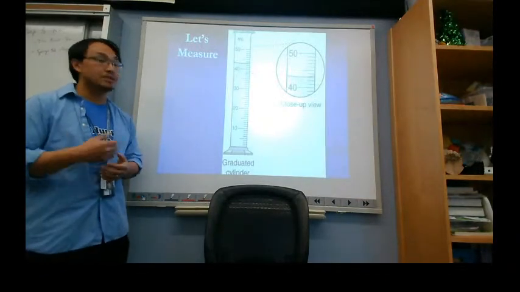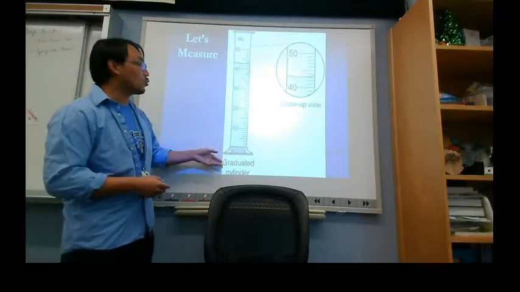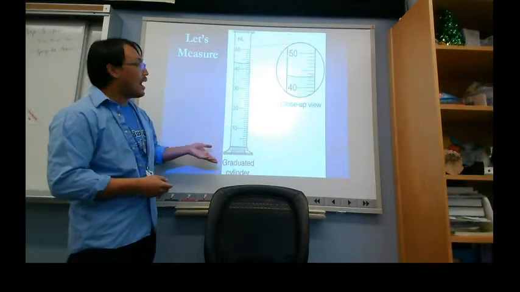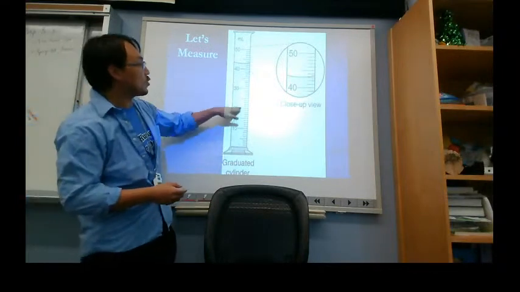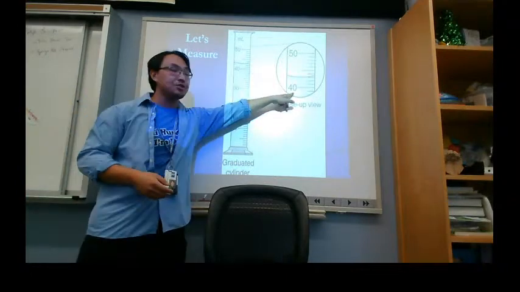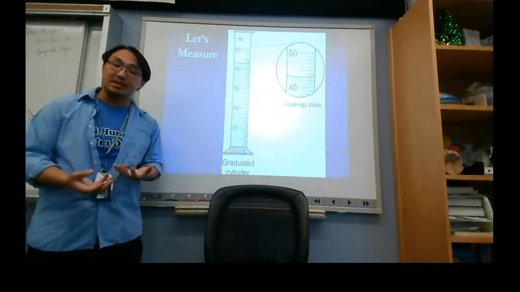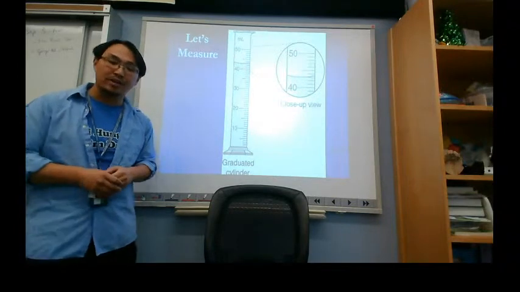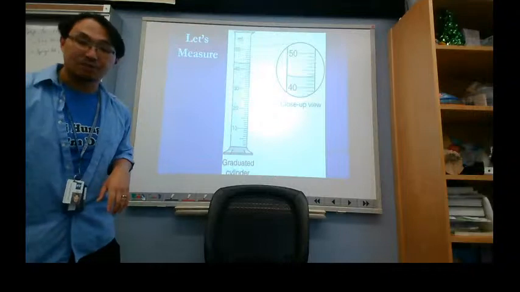So that's what I want you to do. So looking at this graduated cylinder, we're looking at milliliters. How many milliliters is in this graduated cylinder? So we have this graduated cylinder here and a close-up view of that section to make sure that we're able to see the meniscus. So in the chat, go ahead and put in how many milliliters you believe this graduated cylinder has.